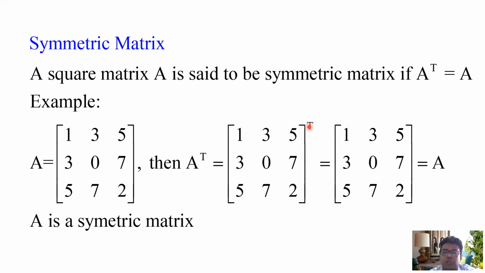When you transpose it, the first row, 1, 3, 5, comes to the first column, 3, 0, 7 comes to the second column, and 5, 7, 2 comes to the third column. So it is clear that this matrix is the same as your original matrix. So it is proved that A transpose is equal to A. Then A is called a symmetric matrix.